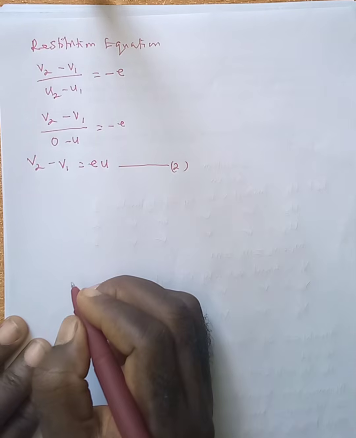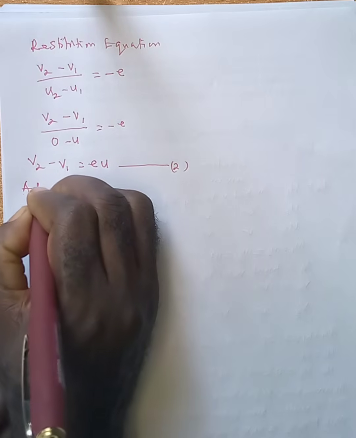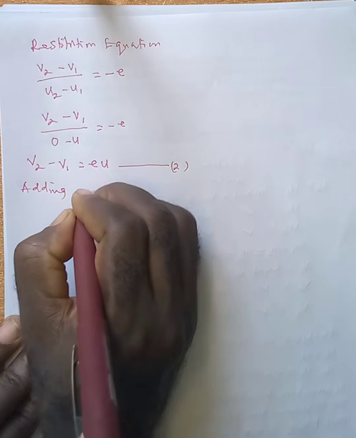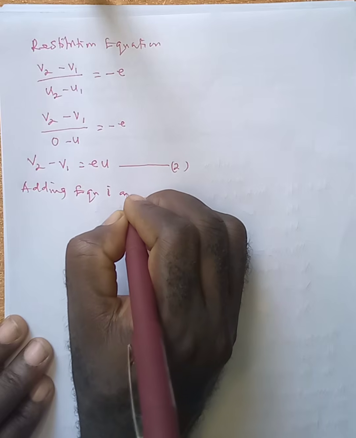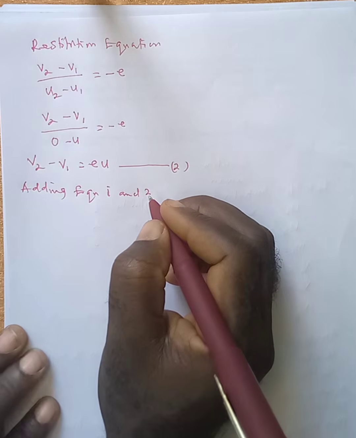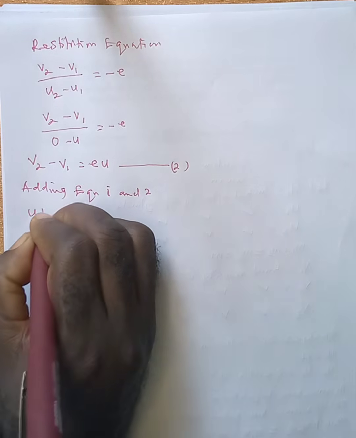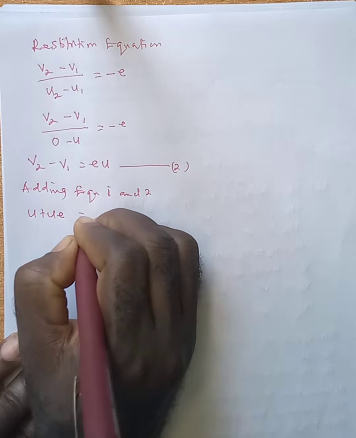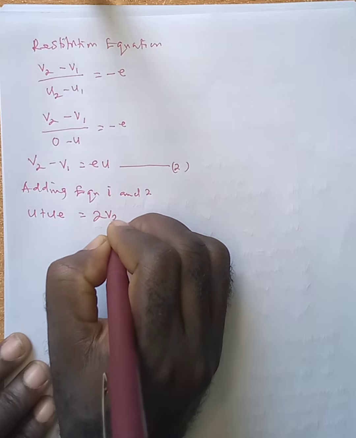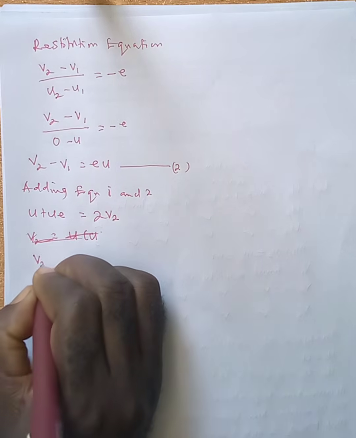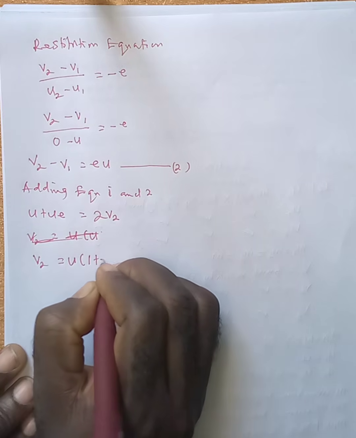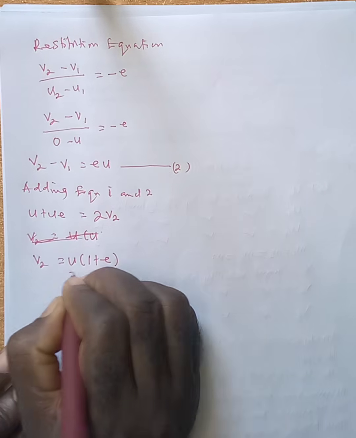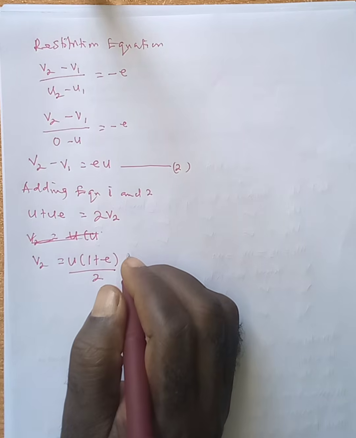Now, when we add equation 1 and 2, we are going to have u plus ue is equal to 2v2. Then v2 is equal to u into 1 plus e over 2.